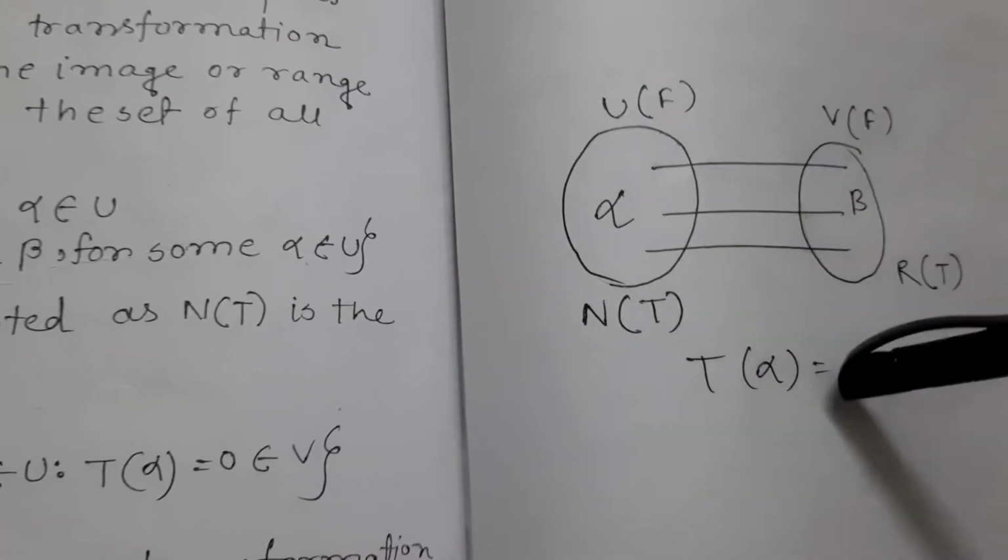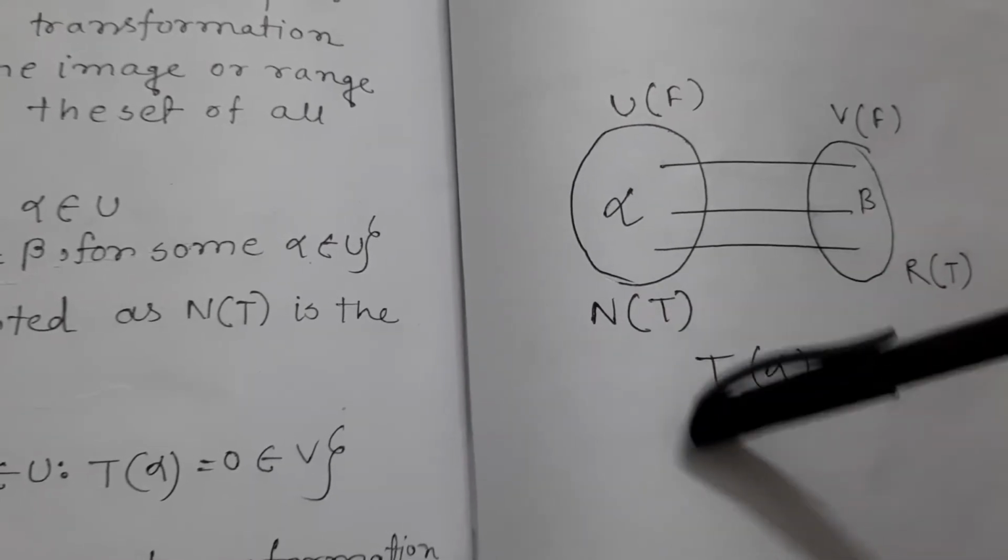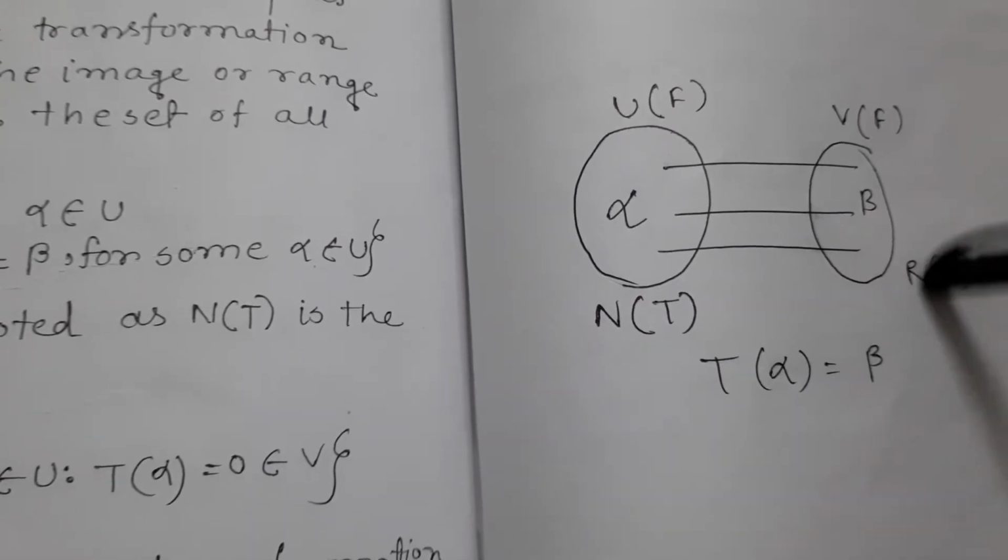So here the mapping is the function T, T of alpha is equal to beta.